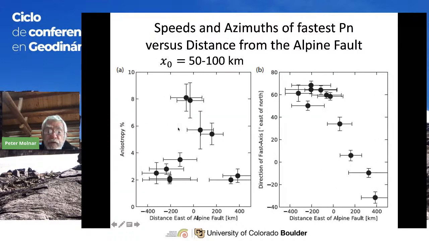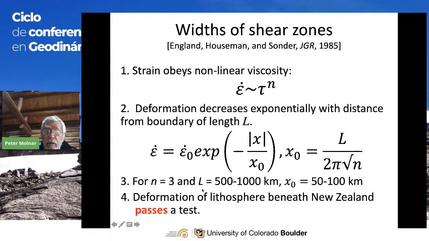This falloff is rapid over a distance of 50 to 100 kilometers. And the orientations don't change on this side, but they fall off rapidly with that same kind of distance. And so we conclude that deformation of lithosphere beneath New Zealand, continuous deformation, not faulting, passes this test that's been imposed on it by the anisotropy and the relationship of anisotropy to finite strain.